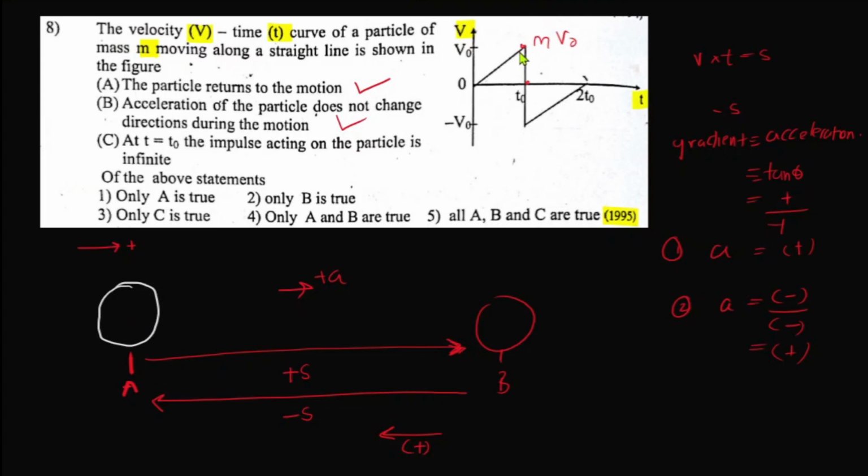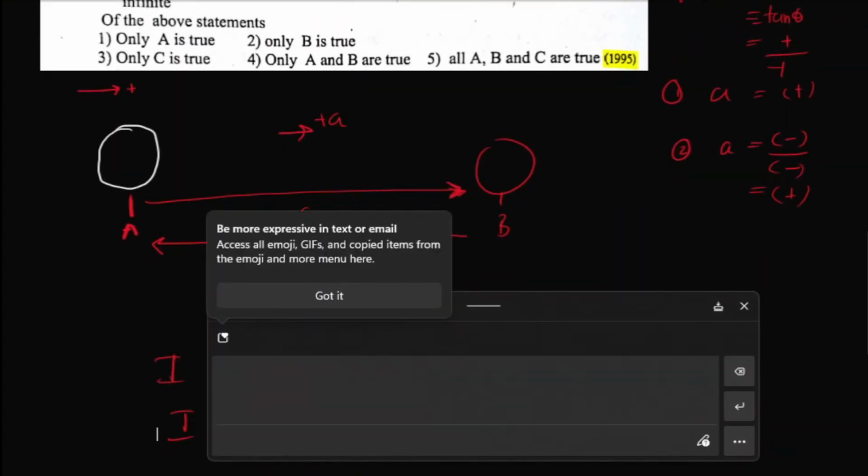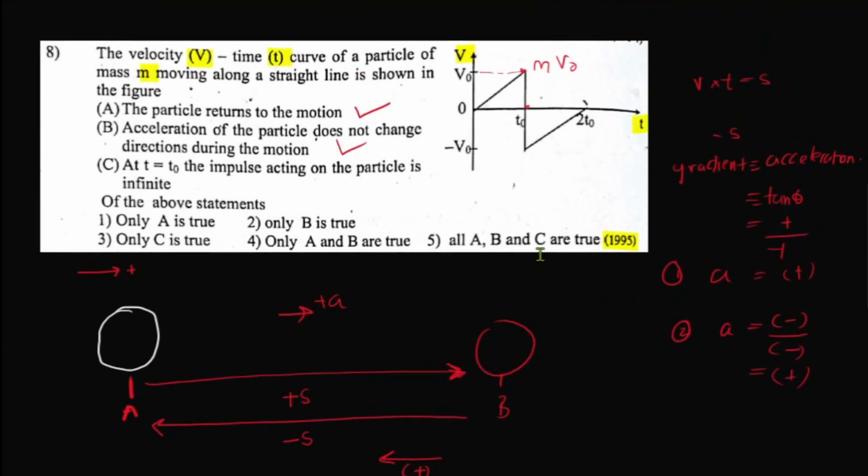It attained a velocity v naught. And then thereafter at t naught, what happens? This is t equal to t naught. Initially it has a forward v naught, and then a second later it's having a velocity in the negative direction, negative v naught.